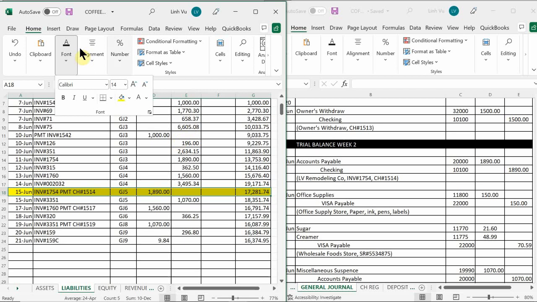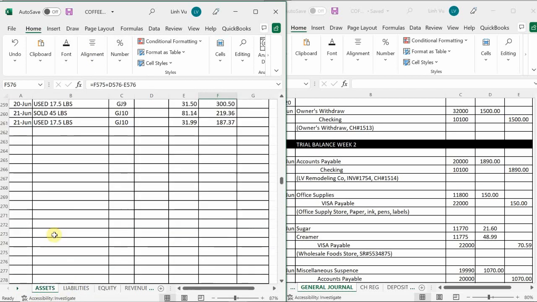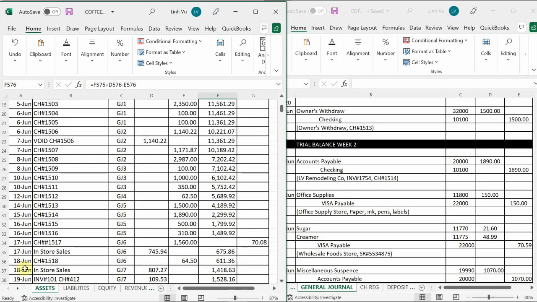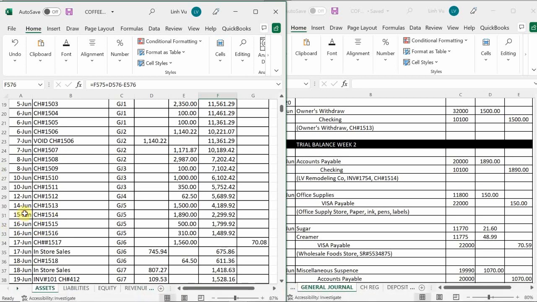Now, did we also write our check out for 1890? Let's see, 615. Yes, we wrote a check out for 1890.